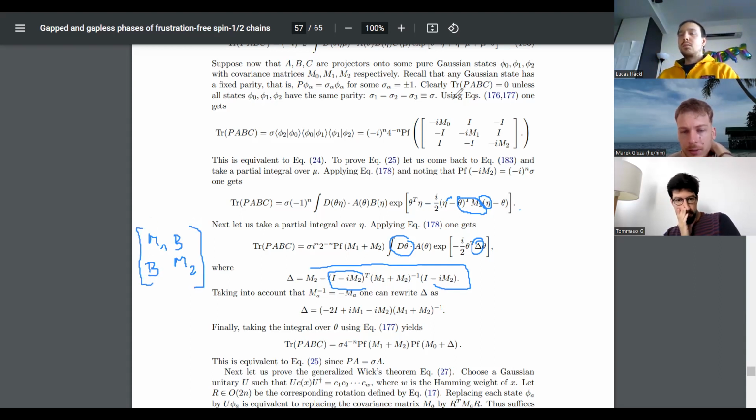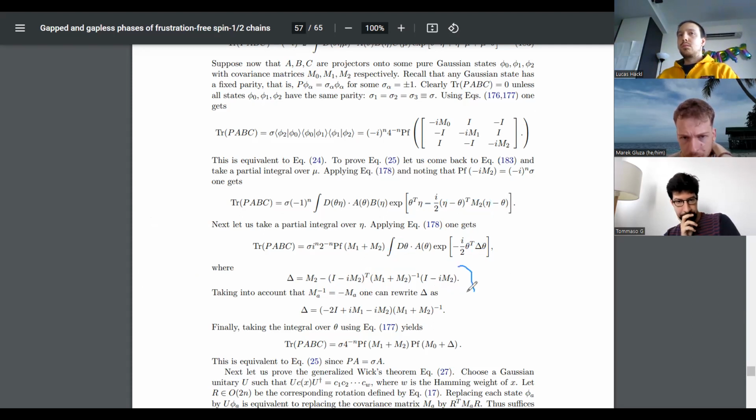So this should be viewed as Schur complement, and I think this was 1 or 2 weeks ago, so we were discussing this in more detail. For example, if I take theta here and theta here, then my quadratic form is M2. But the coupling between theta and eta is the identity, but also sometimes i times M2.